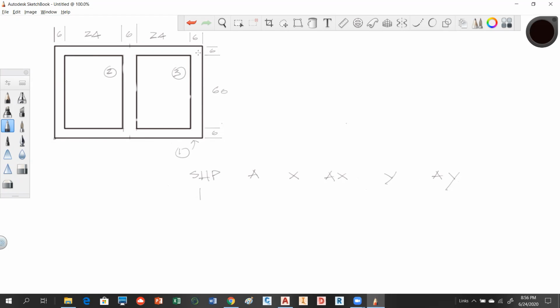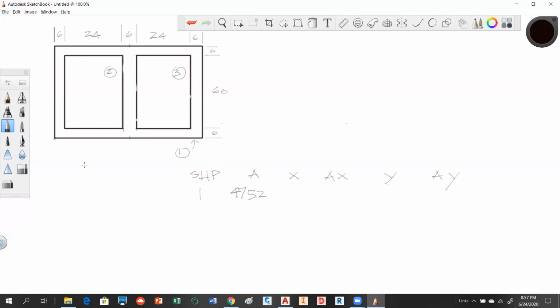It's 66 this way by 72. So that gives us an area of 4752.